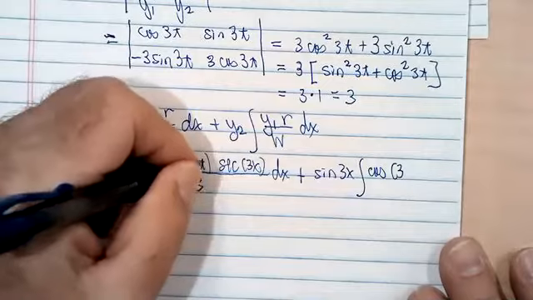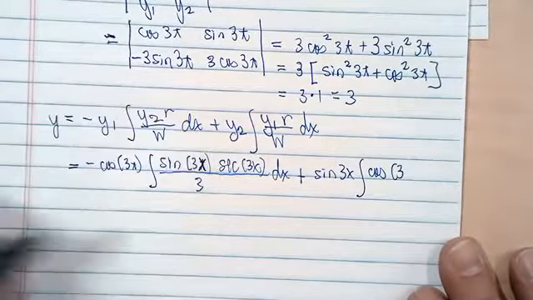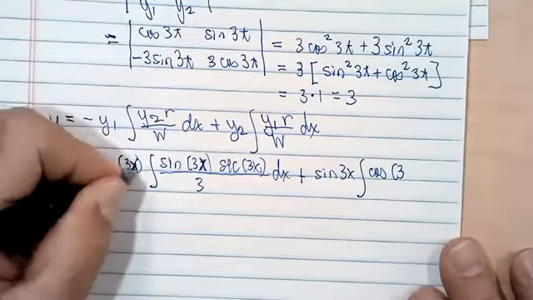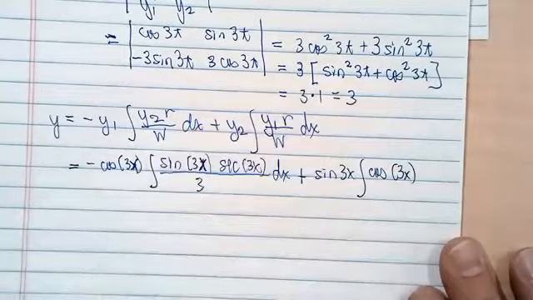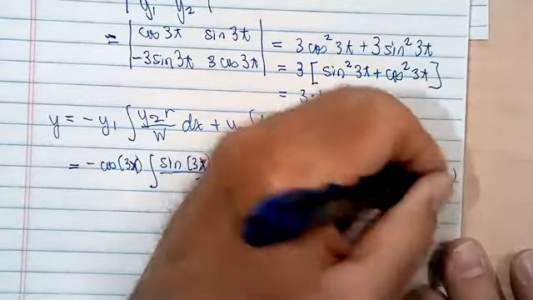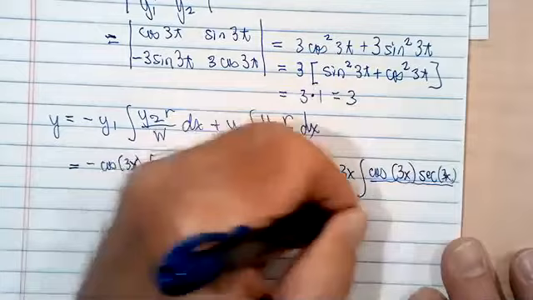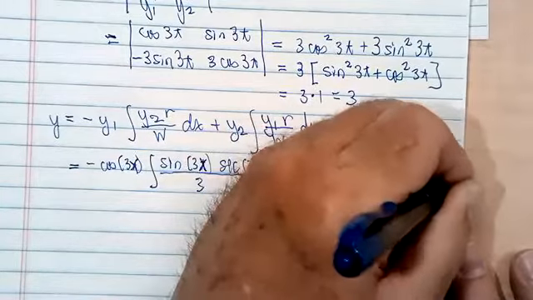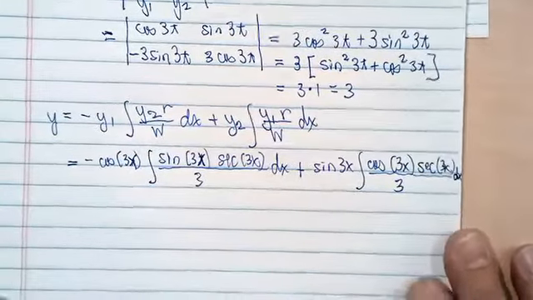Oh, I'm switching between x's and t's here. I think they're all supposed to be x's. Secant, that's r, over W is 3. And I've not really got room for dx, but I'll squeeze something in there.